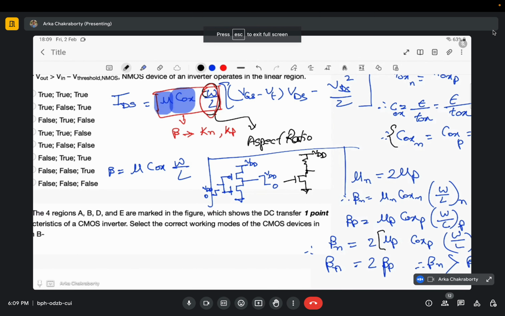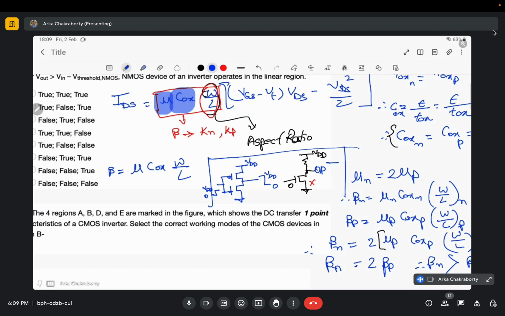Okay, see. Here, when the input is low, my NMOS will be turned off, right? At that time my output will be VDD. There might be some small drop due to the IR, but generally with time it will go to VDD. So the output goes to VDD when the input is low.